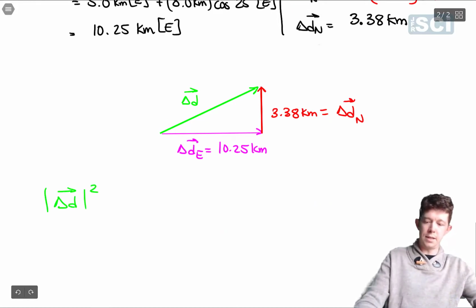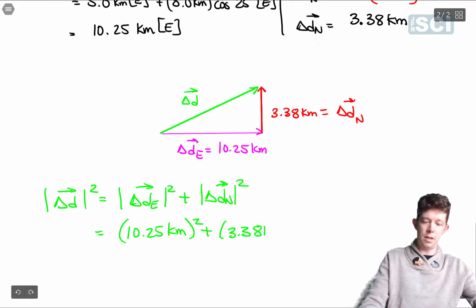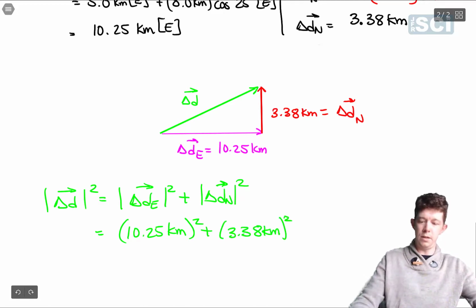Okay, so the magnitude of delta d, Pythagorean theorem comes back to save us again. So delta d east squared plus delta d north squared. And I get 10.25 kilometers, and I'm going to square that plus 3.38 kilometers, and I'm going to square that as well. Delta d, I'm going to square it.